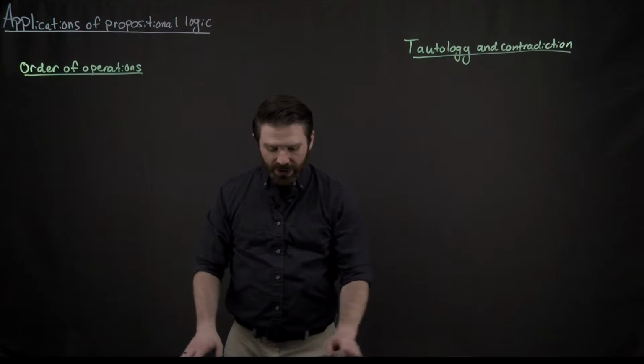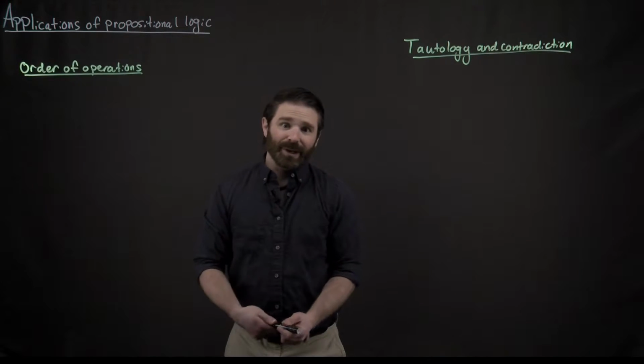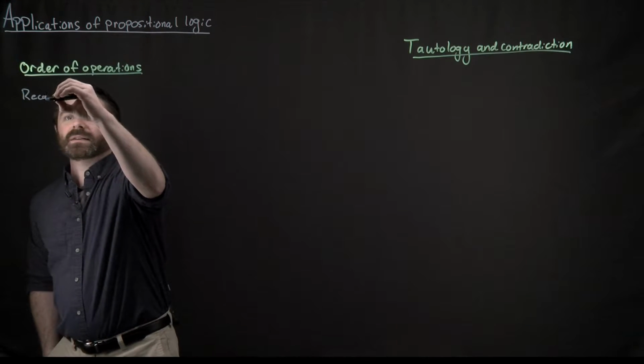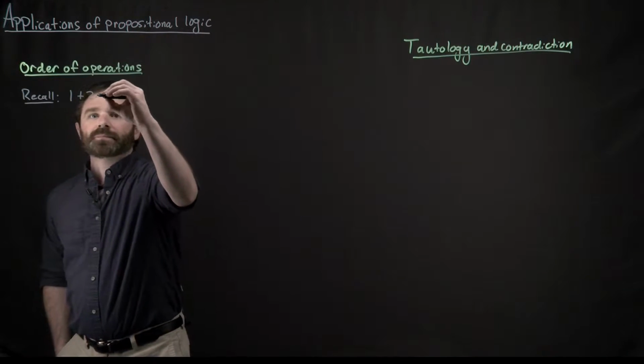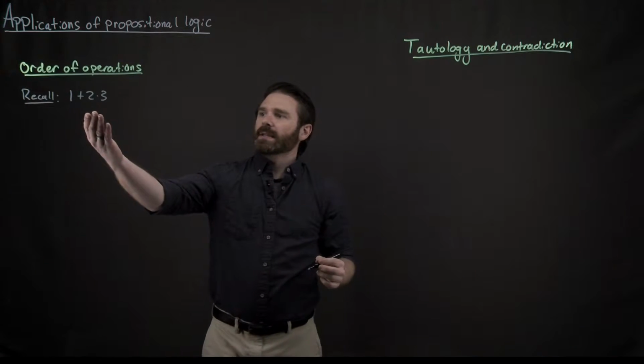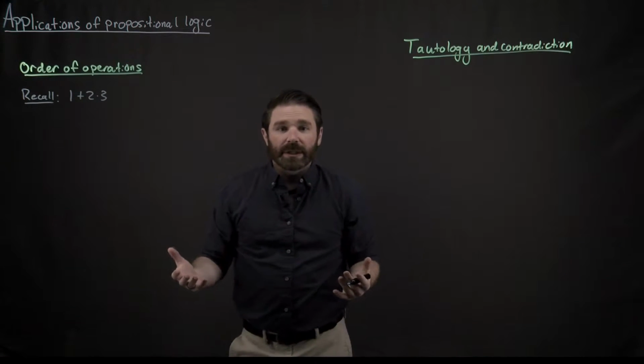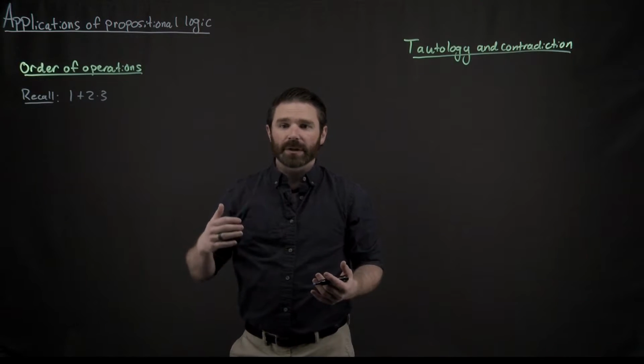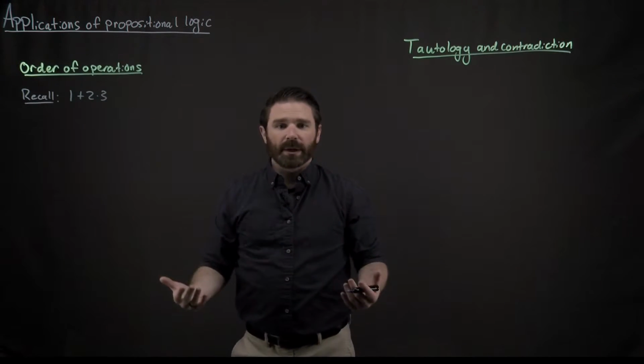So order of operations. You might recall back from grade school that statements such as this would be ambiguous if we didn't have some sort of convention about which one of these operators we apply first. We have a plus and we have a multiply right here.